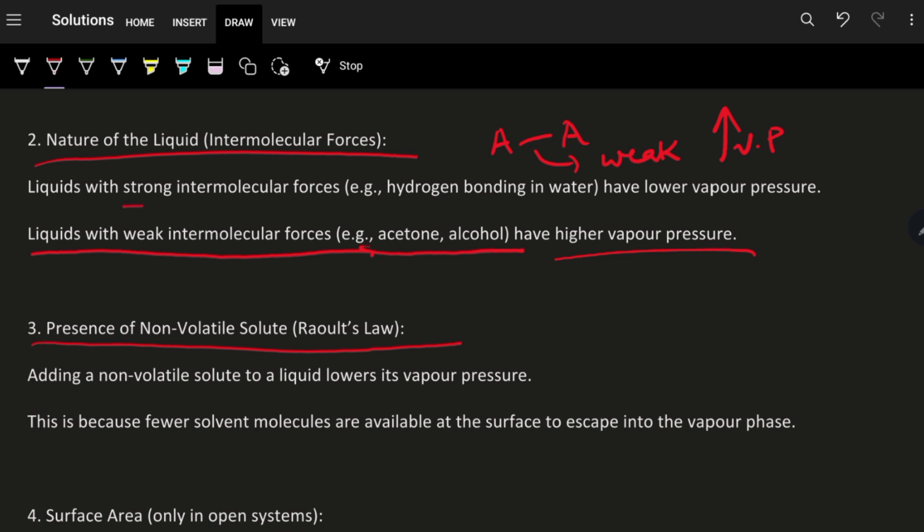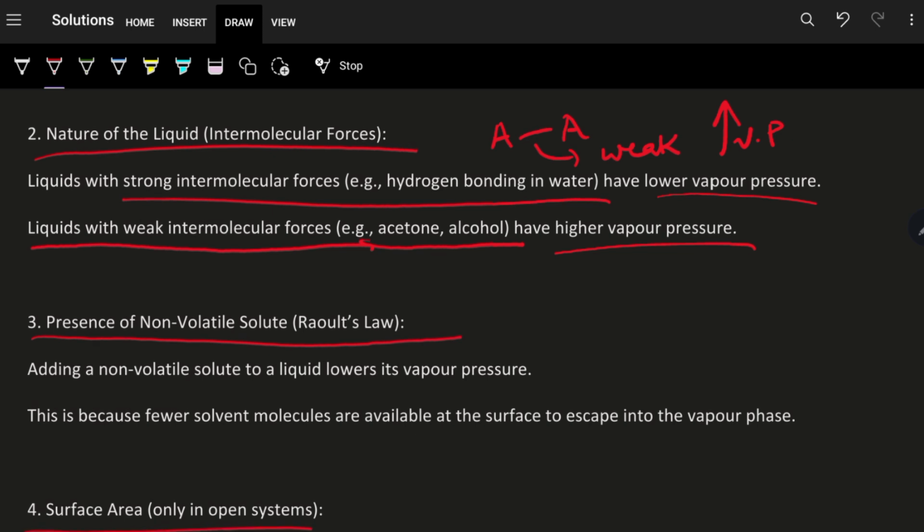But strong intermolecular forces exist between H2O molecules and they have lower vapor pressure. That means it is difficult to obtain the vapors of that liquid, but that doesn't mean that I will not get the vapors of the liquid. I will get them, but the vapor pressure will be less if the interaction is strong.